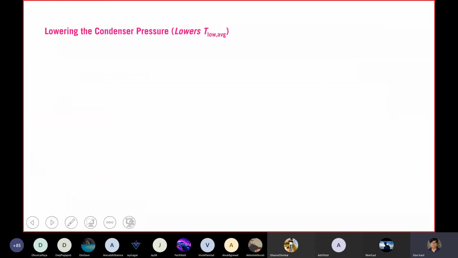Let's see how. First, let's take the case of lowering the condenser pressure, which means lower temperature. If you are lowering the pressure, in turn you are lowering the temperature as well. We'll see here.